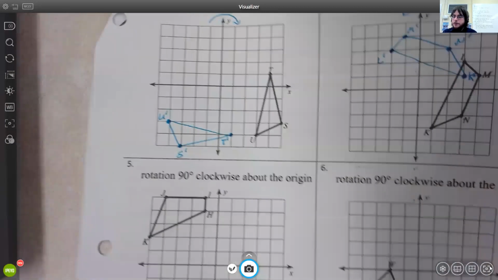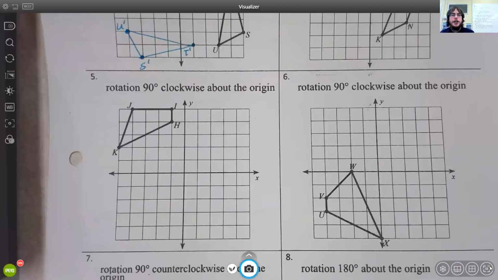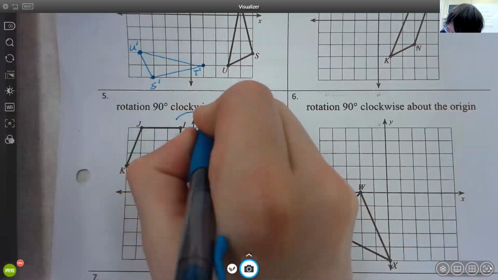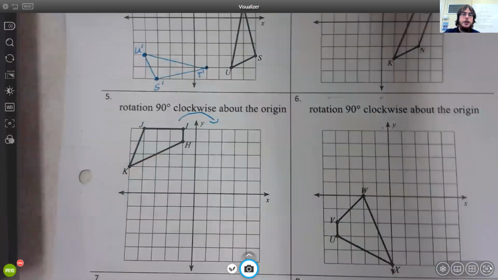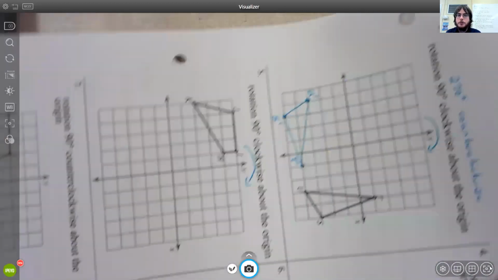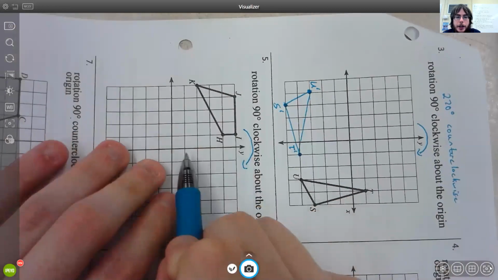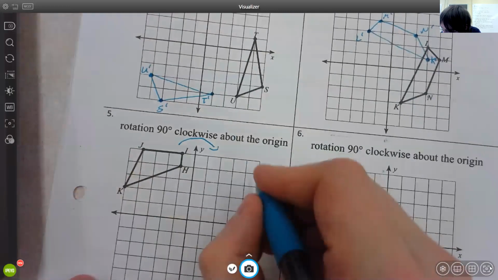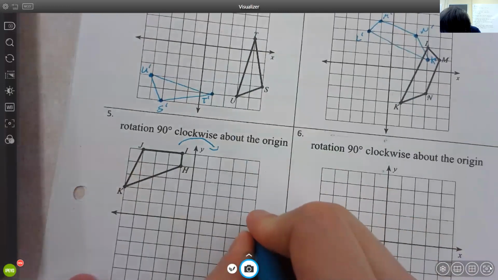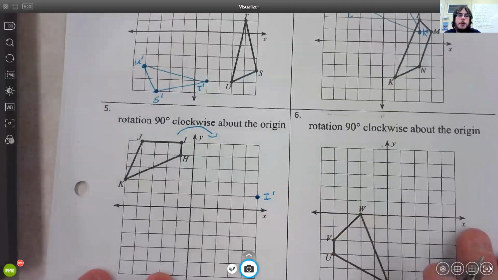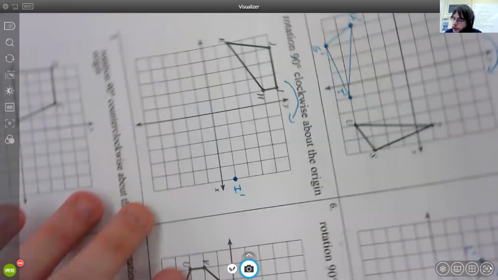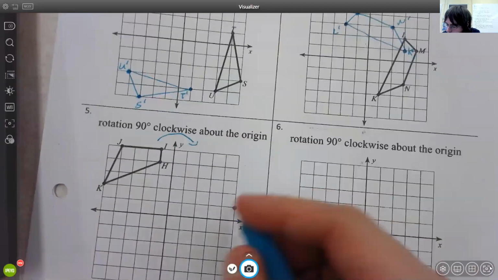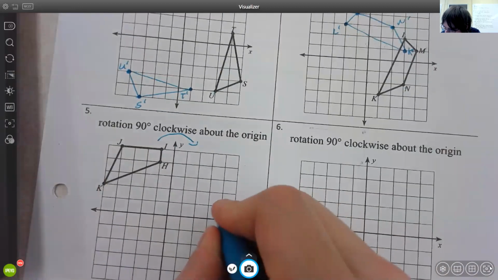Number 5 says to do a rotation 90 degrees clockwise about the origin. So that means we're going to be turning our paper one turn to the right. So one turn to the right. Our new coordinates for I, we have to go right 5, up 1. So that would be 5, positive 1. So that's I prime. H, we have to go right 4, up 1. So right 4, up 1.